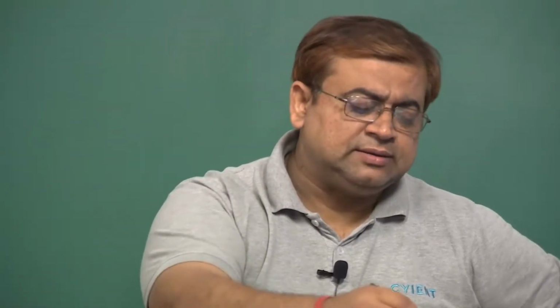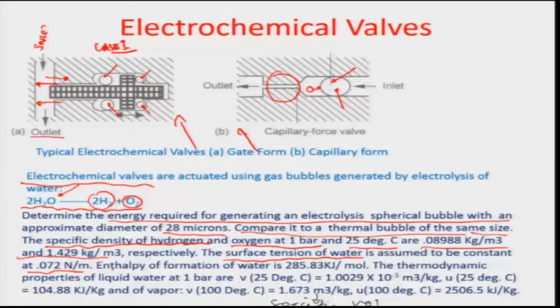Surface tension of water is given at 0.072 Newton per meter, and then we have some other parameters including enthalpy of formation of water, which is actually related to the way that this electrochemical reaction happens.